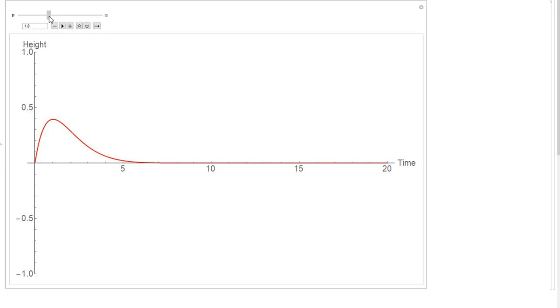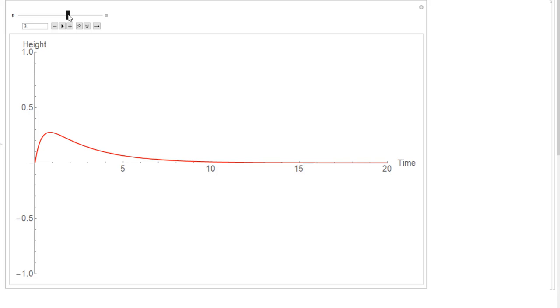Increasing further, well, when we get up to, say, 2, we can't actually see the height being negative. It's not clear if it is oscillating now. And then when we go to higher values of this friction or damping parameter, say to 3, it just seems that, yes, it goes a little bit positive and then it gradually returns to 0. Perhaps it really is not oscillating at this point.